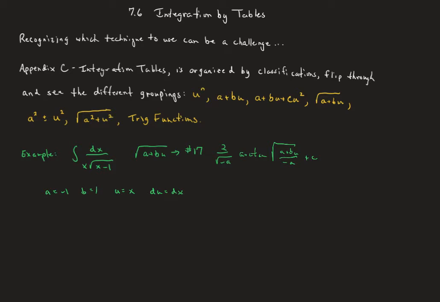When we plug all of those into our formula, we should get 2 arctangent of the square root of x minus 1, plus c, our constant of integration.